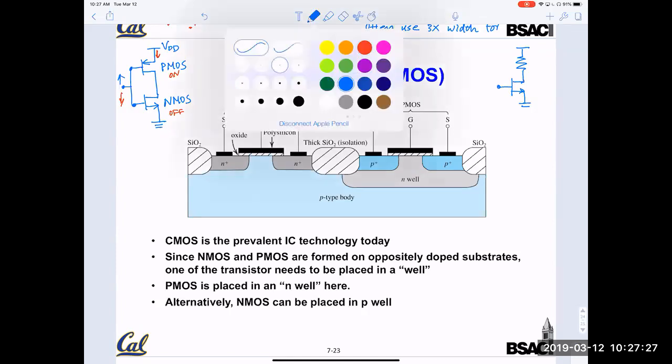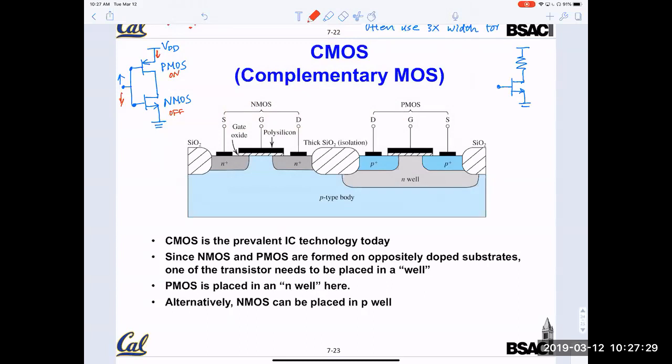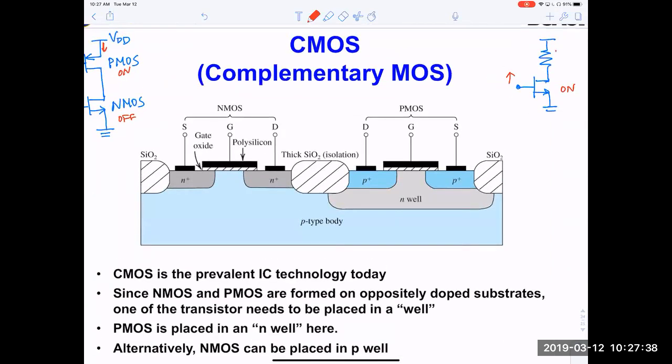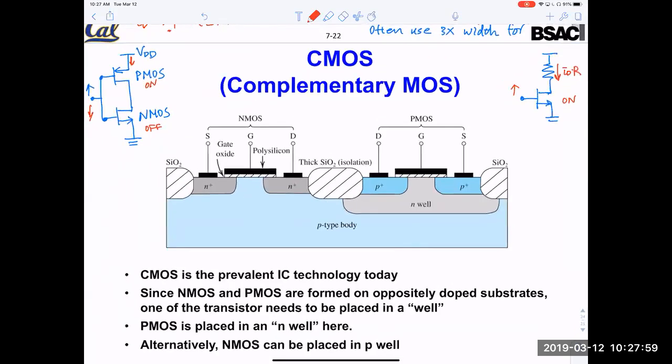When the voltage is on and the NMOS turns on, there is current flowing through the load resistor. So there's power consumption, ID times R. Every little transistor has a resistor, and they add up when you have billions of them. It's actually not possible to go to such a large integration; the power consumption will be too large.